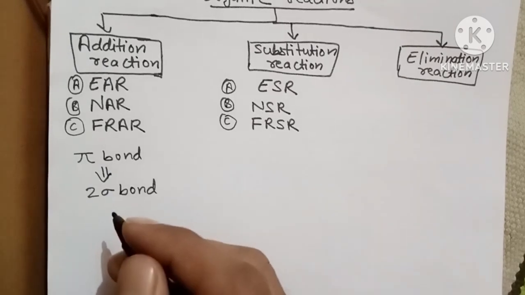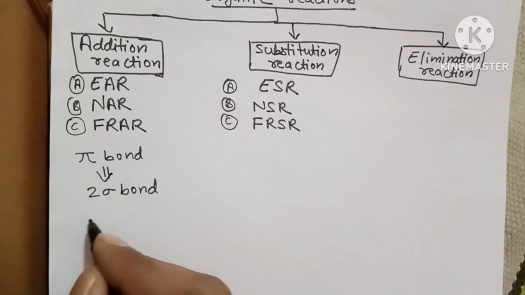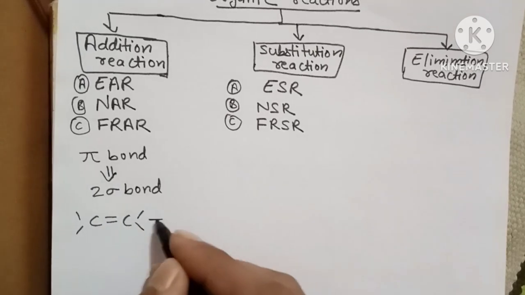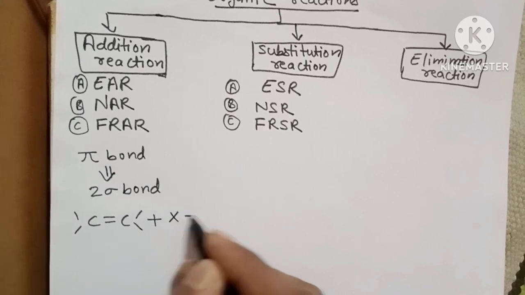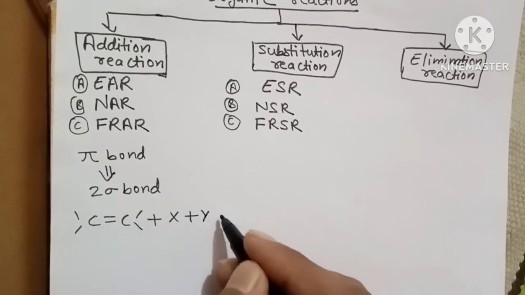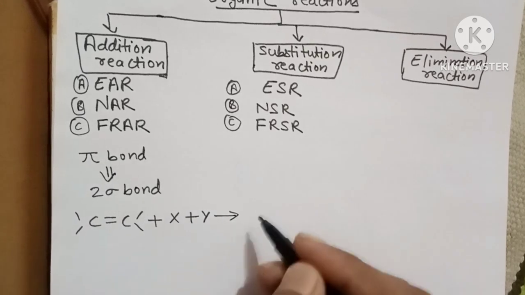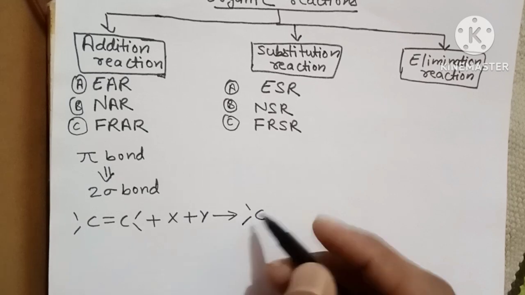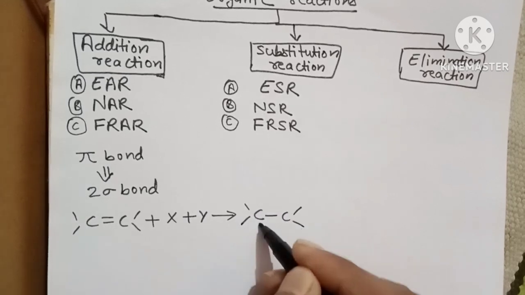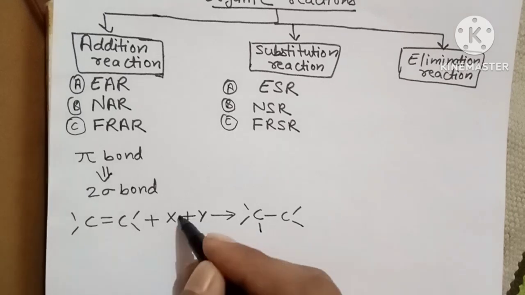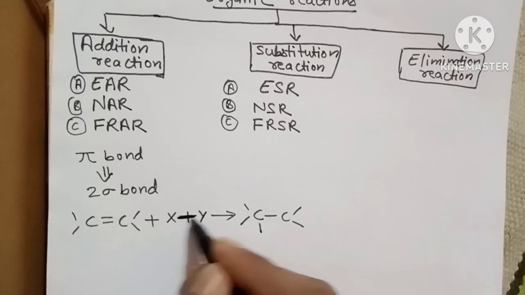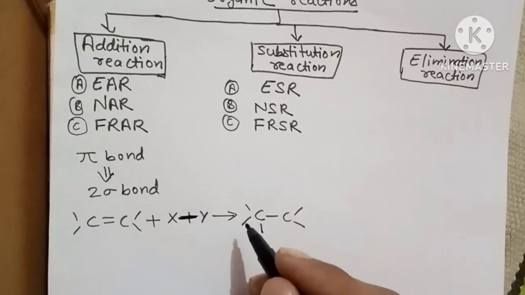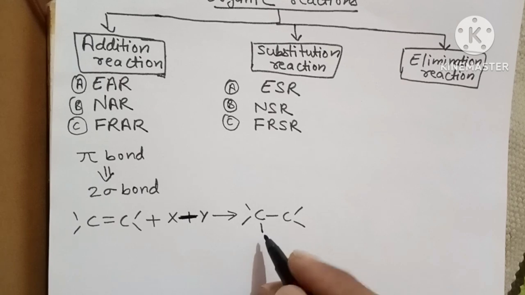So we can see here in this type of question that this is a simple alkene, and then X plus Y, and the product will be like this. This is the bond, sorry, I have drawn it like this. This is not a positive, this is a bond between them. It is my mistake.